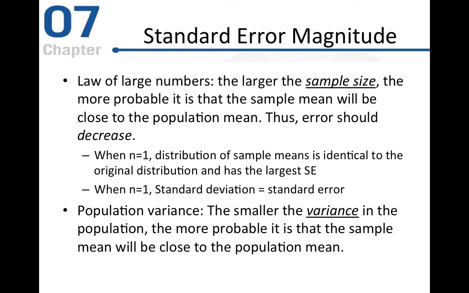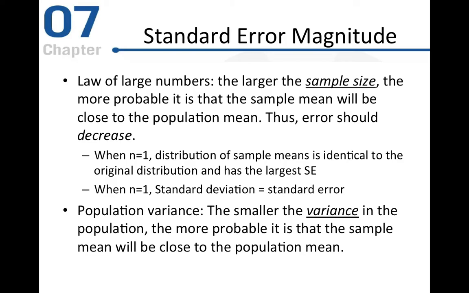So, what are factors that affect how large or small a standard error is? The first thing to think about is the law of large numbers. The larger the sample size, the more probable it is that the sample mean will be close to the population mean. Thus, standard error will decrease.